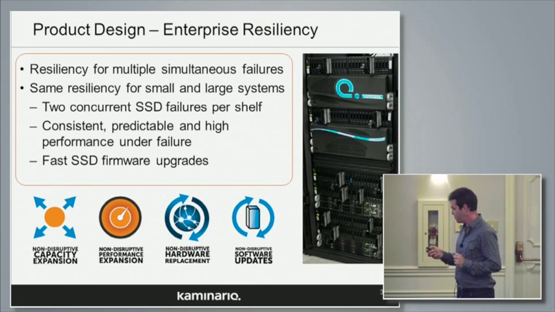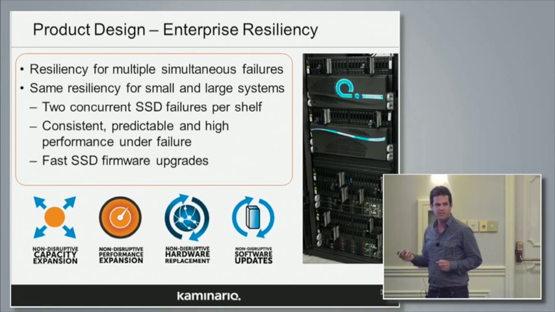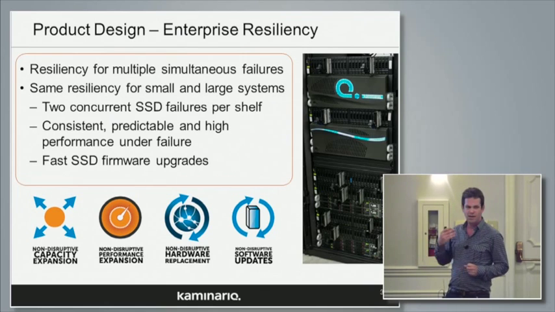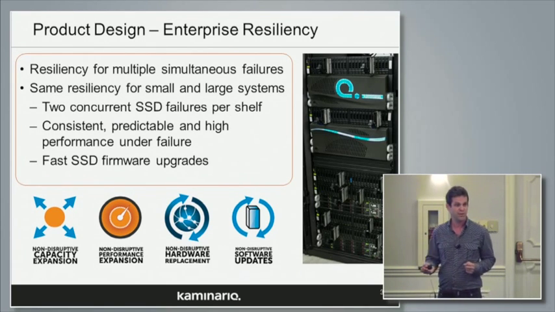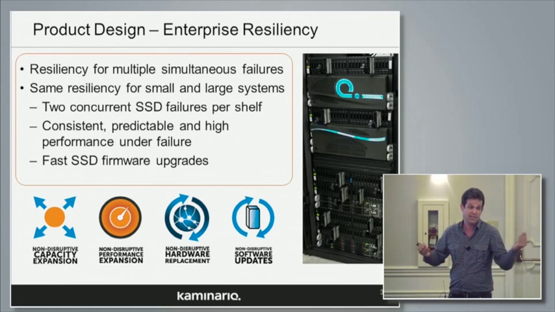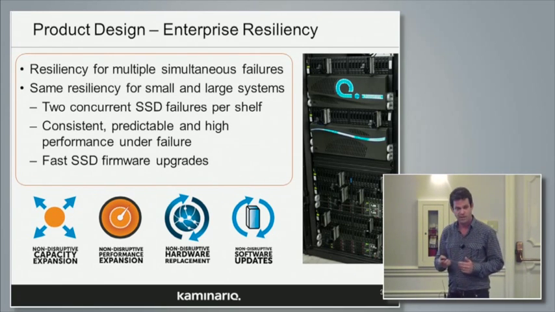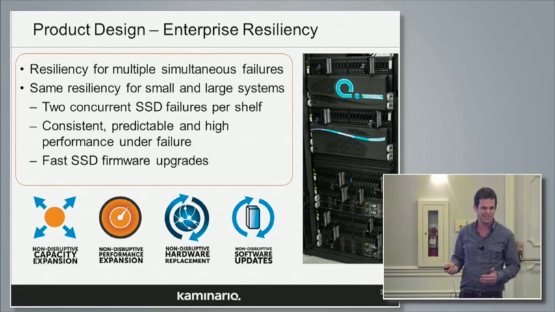This really demonstrates our fault isolation. I think Danny already covered that everything is online: capacity, scale up, scale out, hardware replacement, and non-disruptive software upgrade and firmware upgrade for anything, including SSDs.